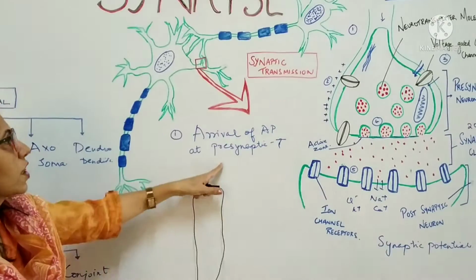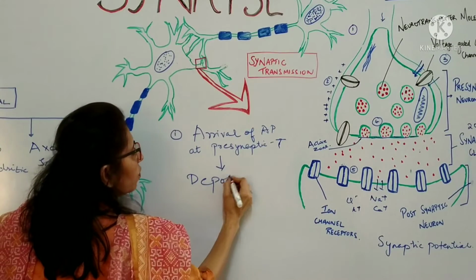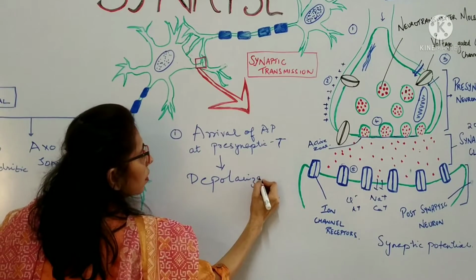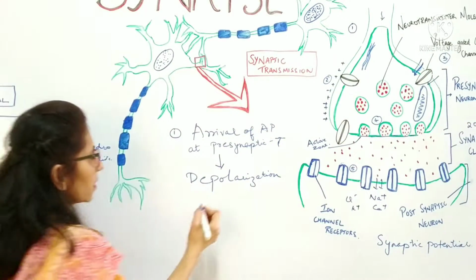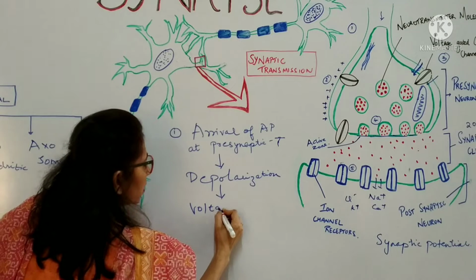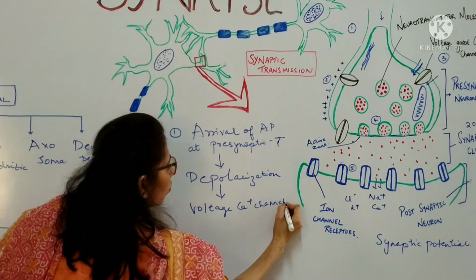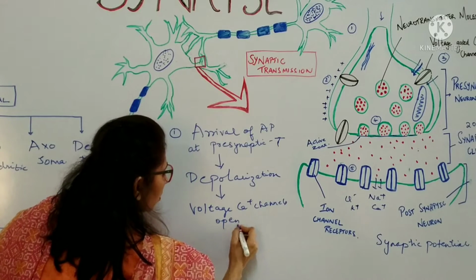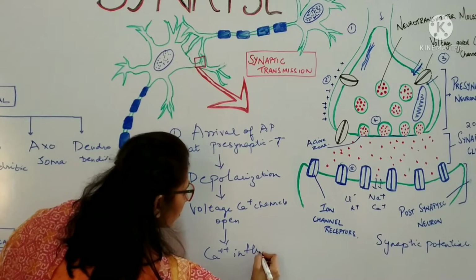Okay. Now once action potential arrives at the presynaptic terminal, it causes depolarization of the terminal button. Now once the terminal button is depolarized, this causes opening of voltage gated calcium channels, causing calcium influx.